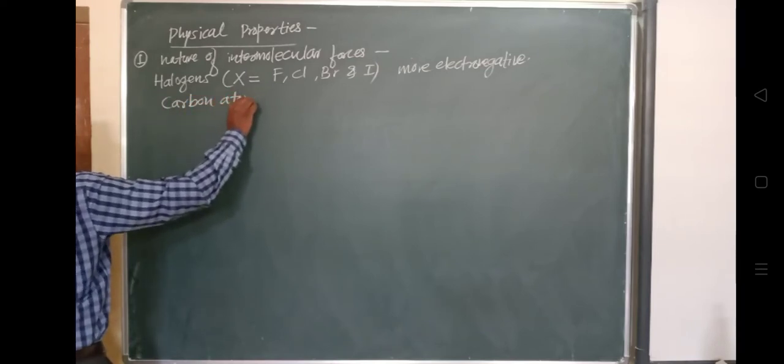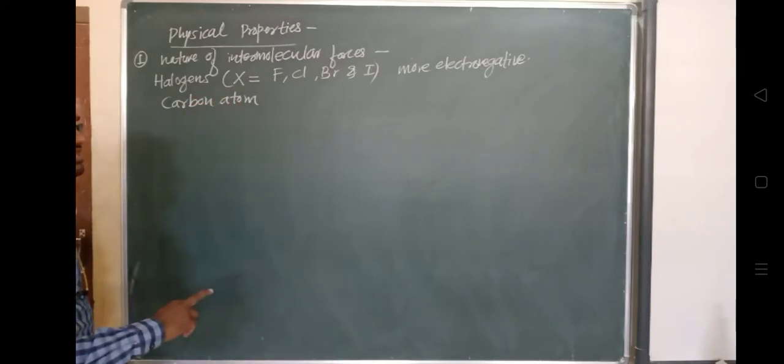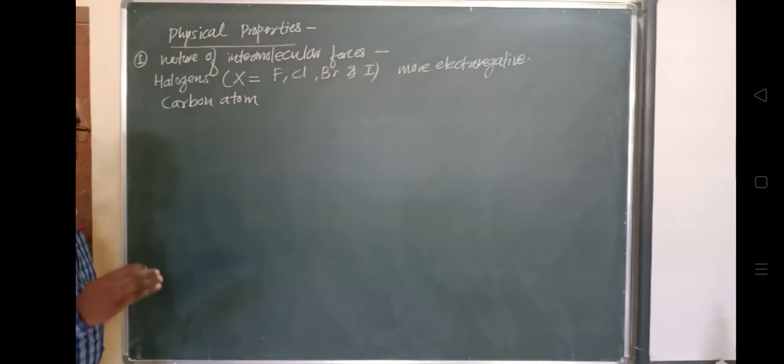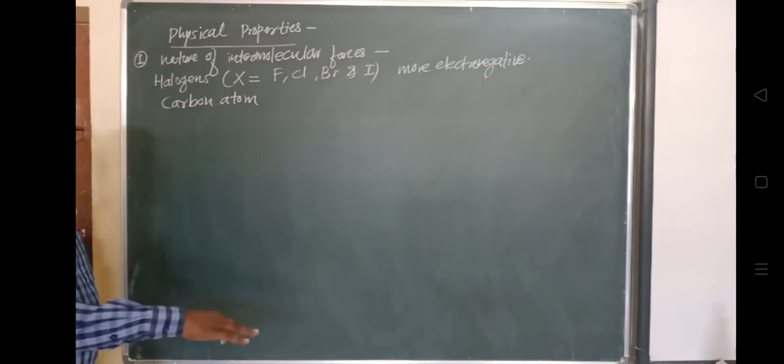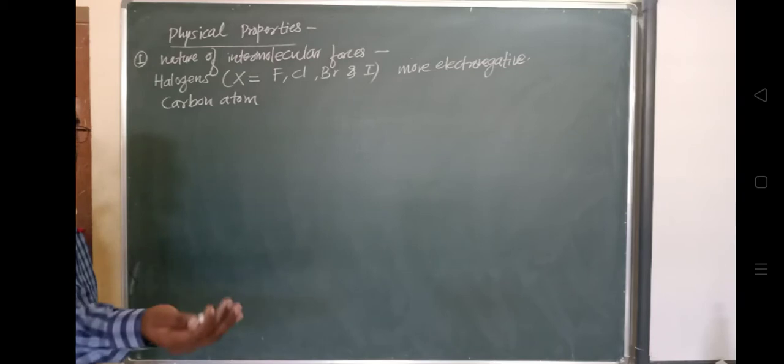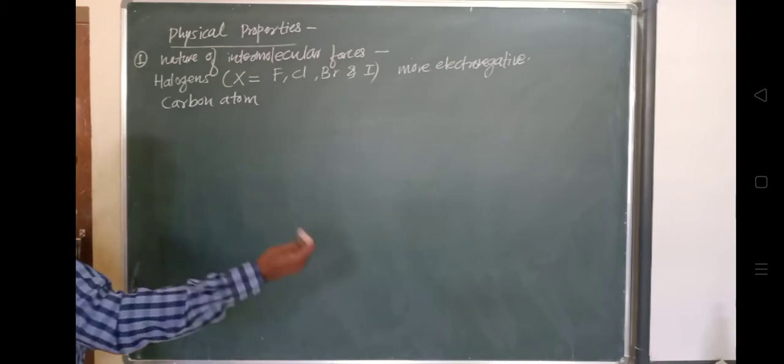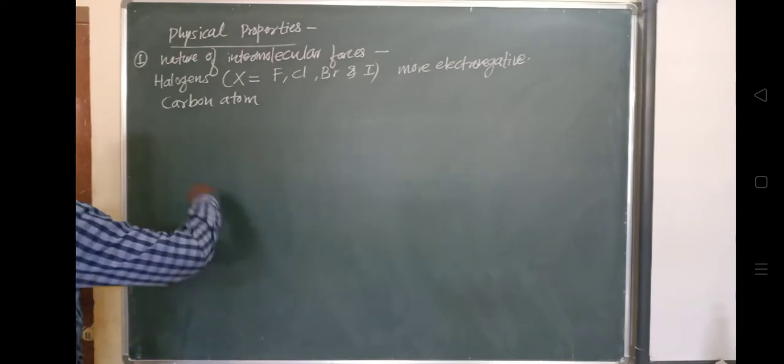carbon atom. Now what is happening in alkyl halides? This halogen atom is attached to this carbon chain.